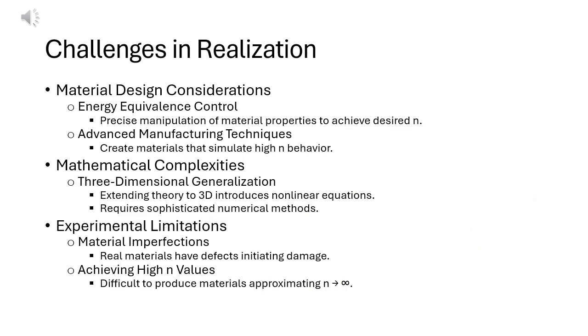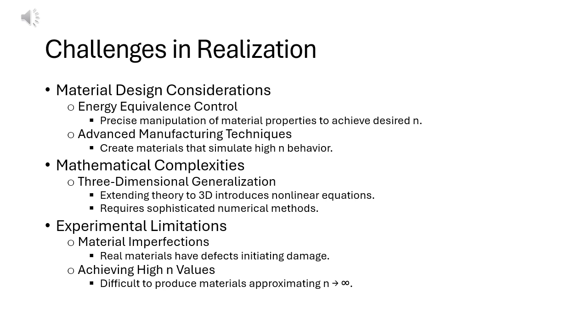The challenges in realizing an undamageable material lie in the energy equivalence control and the fact that we cannot make these materials. The precision to which you have to control the material properties is very significant as you're changing that n value. As we saw before, it lies in several terms in our equations for our derivation of stress with relation to our order of n.